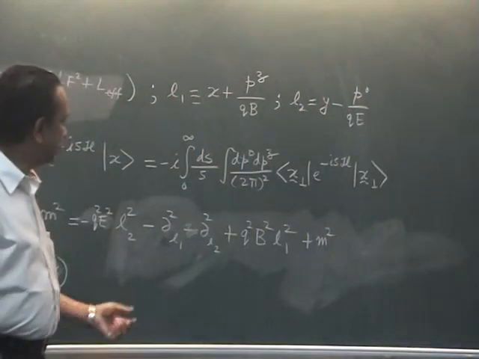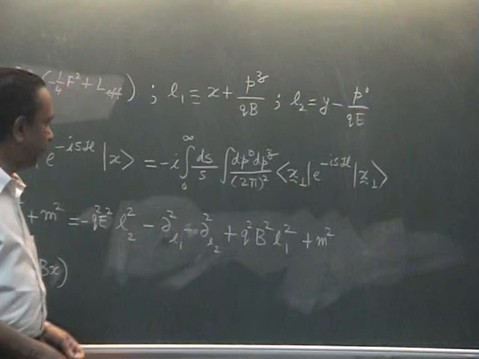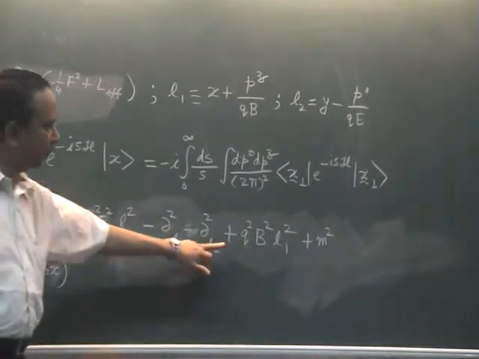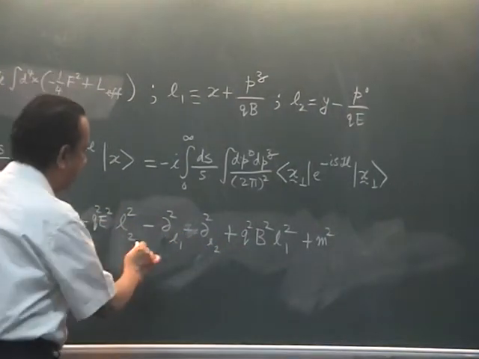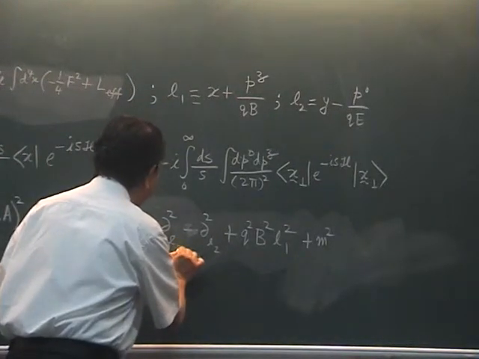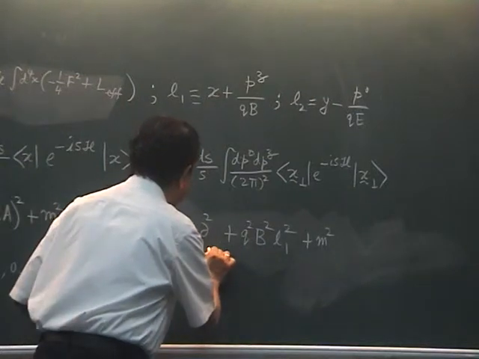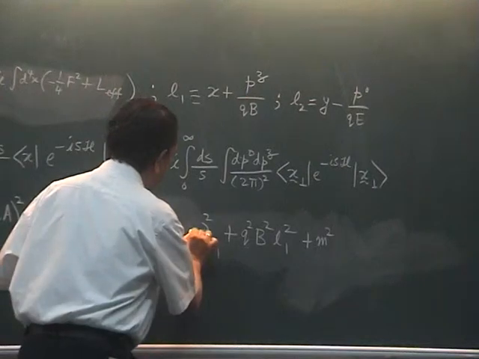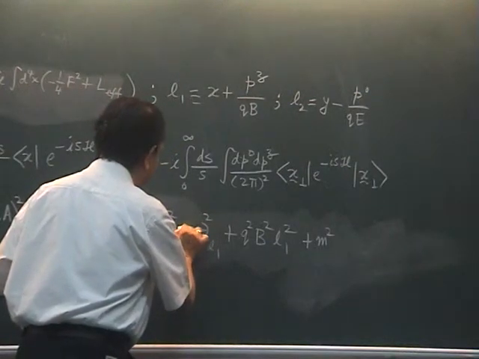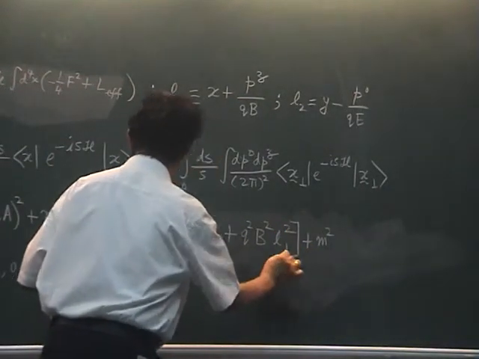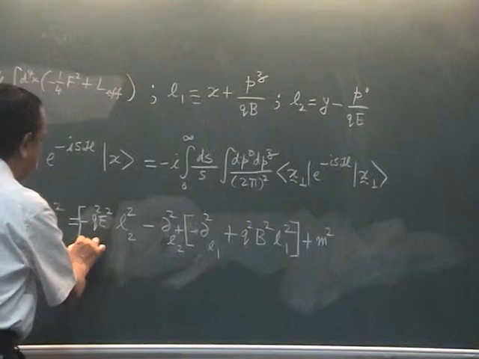Okay? So the remaining terms let us look at. So if I look at the terms with L1, I have a minus L1 square plus this quantity. So let us combine, let me write this as L2 and this as L1, and think of this as plus here and put a bracket here, and take this and put a bracket here.